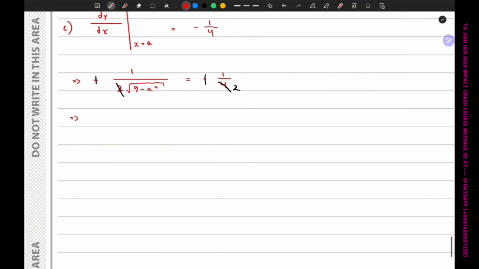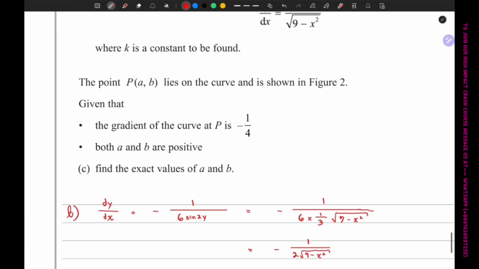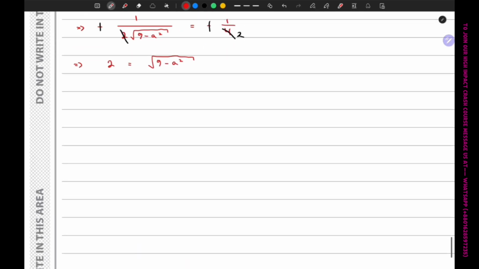Now if we cross multiply this equation, this will be 2 equals root over 9 minus a squared. And we know that both a and b are positive. So the value of a will be 4 equals 9 minus a squared. So a will be root over 5. We need to find the exact value, so a is equal to root over 5.